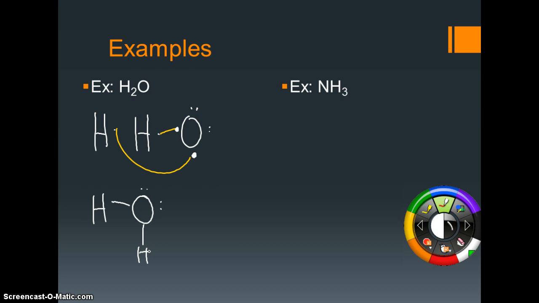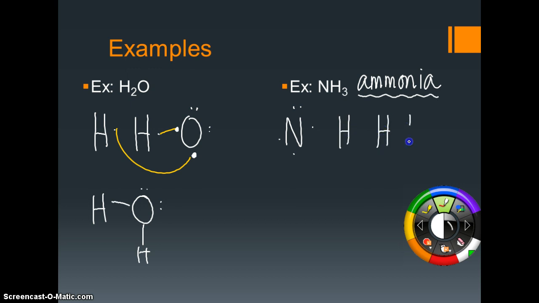Okay, let's look at NH3, which is ammonia. And you do need to know that this is the common name for NH3. So nitrogen has 5 valence electrons. We have 3 hydrogens. Each one has 1 valence electron.